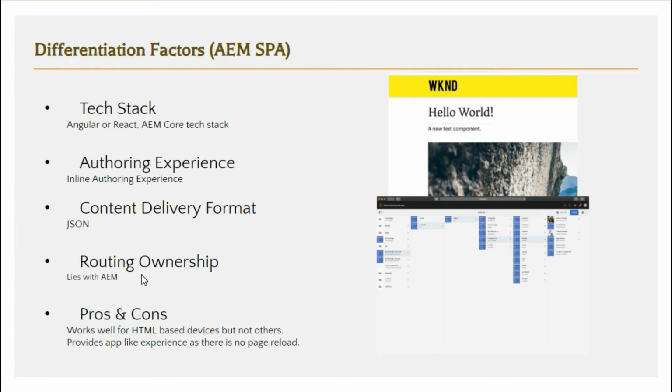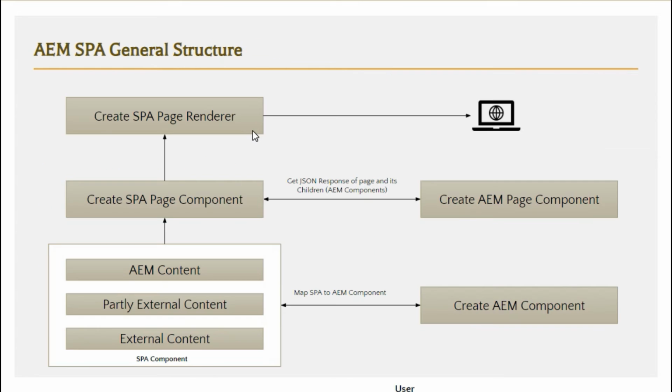So whenever we are thinking to use AEM in this way, as a hybrid CMS, we need to consider three kinds of components. We are actually creating the component code in a single page application, so you might have to create three kinds of components. What are those?